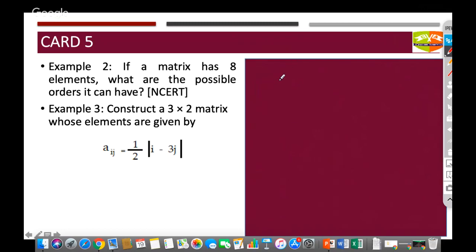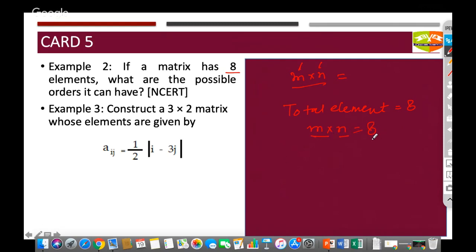This question can be done by factorizing 8. Any matrix would be of order m into n, and the total number of elements is equal to the number of rows into the number of columns. The total number of elements is 8, so I know that m into n is equal to 8.